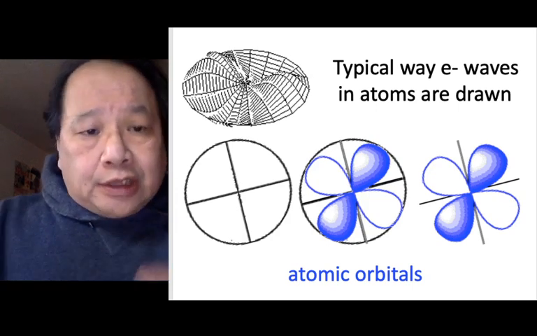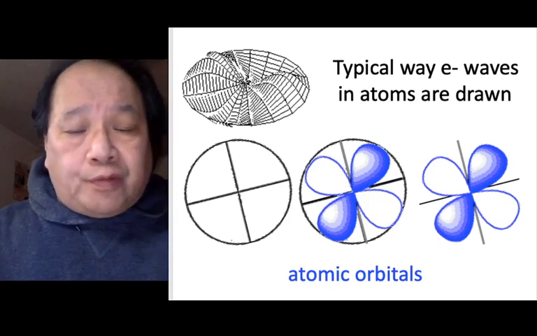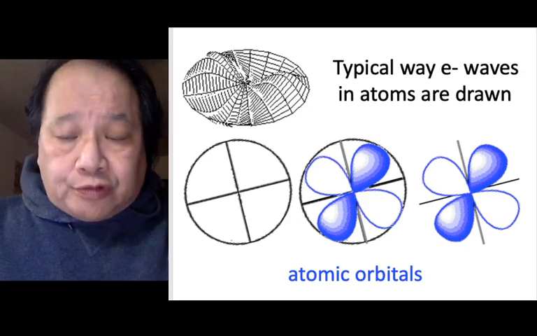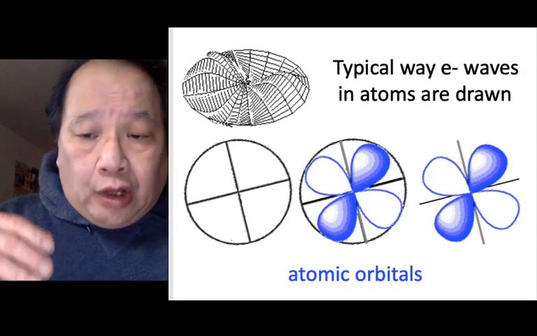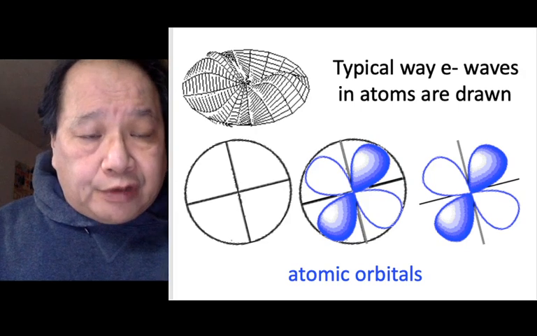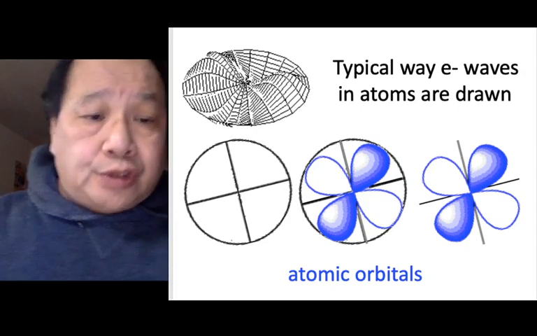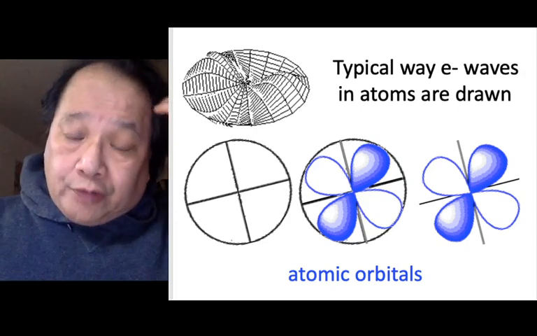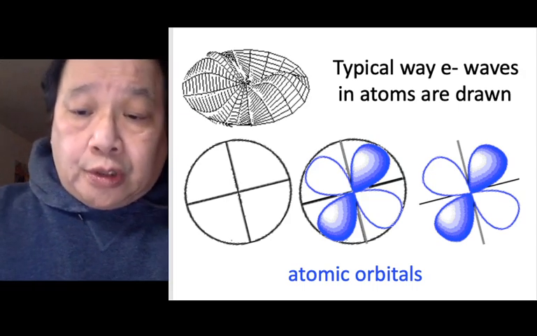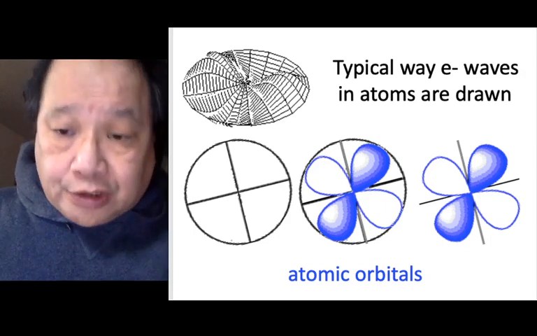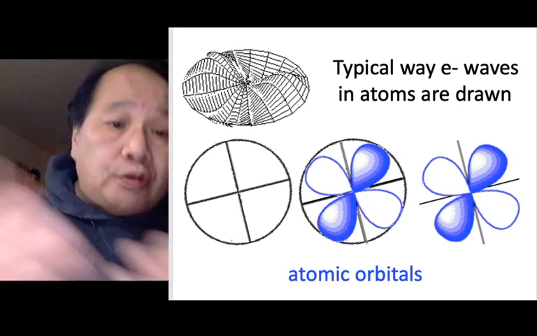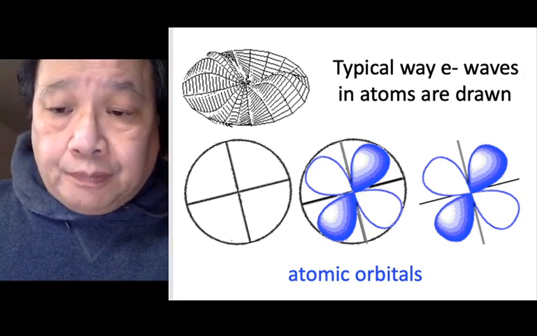Okay, so that describes the nodes, and the nodes are wonderful because all the action happens between the nodes. So here's the 3d. I've drawn the nodes, and nodes are where it's 0. They separate the positive regions from the negative regions. To go from positive to negative, you have to go through 0, a node. And so if we consider the 3d a wave, there will be 2 regions shown in blue that are positive, and 2 regions that are negative shown in white, which of course oscillate back and forth in time.